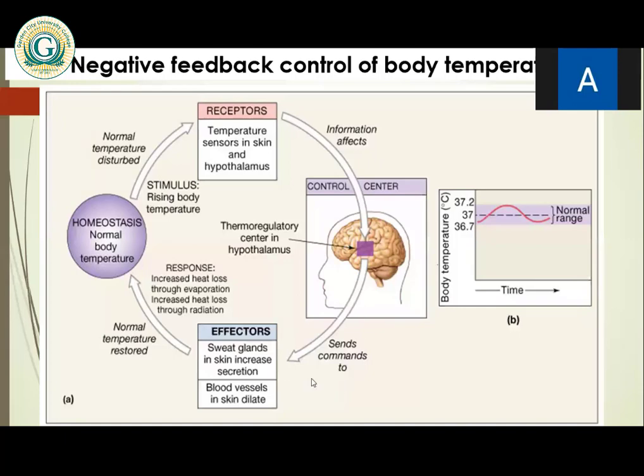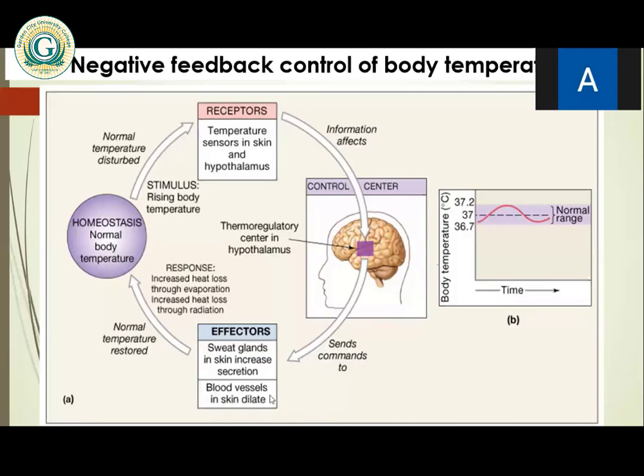So the command comes to the sweat glands. Then these sweat glands increase secretion of sweat. And we all know that the blood holds heat, okay? The blood holds heat. Therefore, when you increase secretion of sweat, that means increasing the volume of blood that is coming to the skin surface.